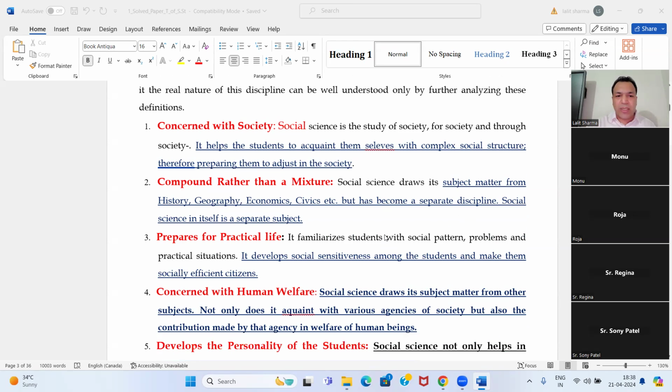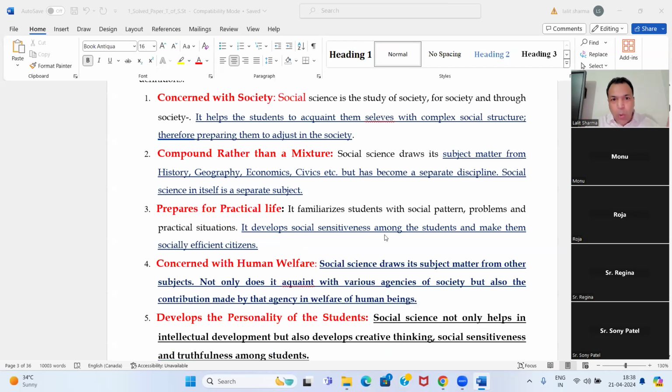The second nature of social science is that it is a compound rather than a mixture. Social science draws its subject matter from history, geography, economics, and civics. ये देखो guys, you should have this knowledge, right?